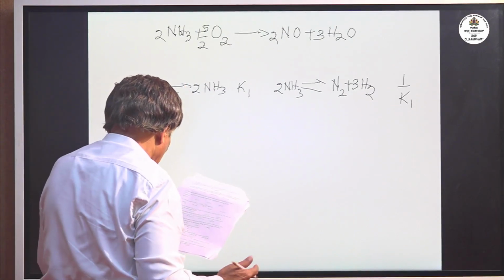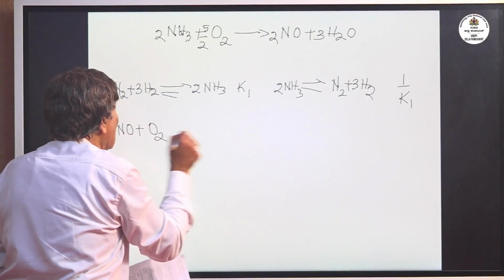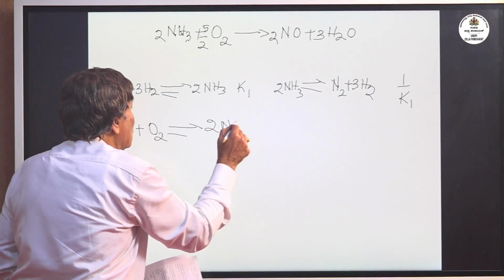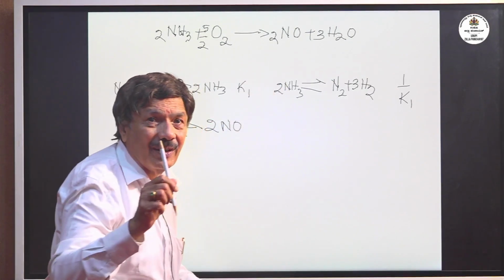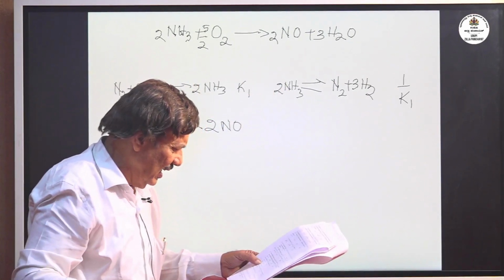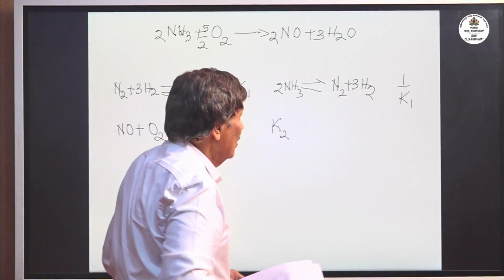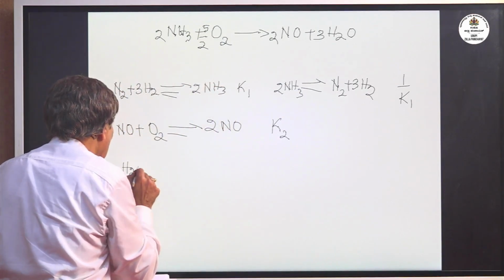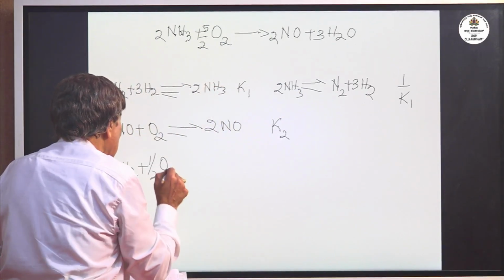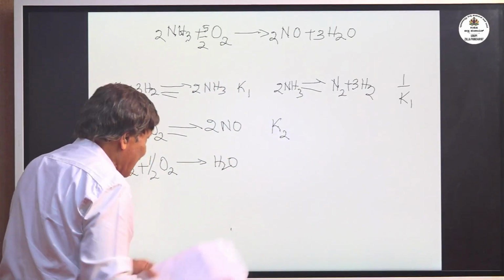Come on, the second equation. N2 plus O2 giving 2NO. Of course 2NO we want on the product side only. Here the equilibrium constant is K2. Then the third one, H2 plus half O2 gives H2O.